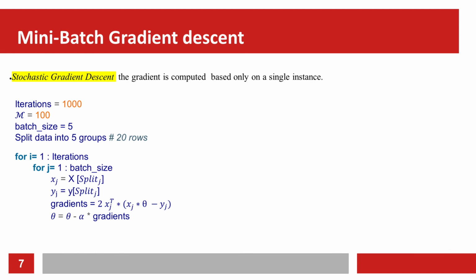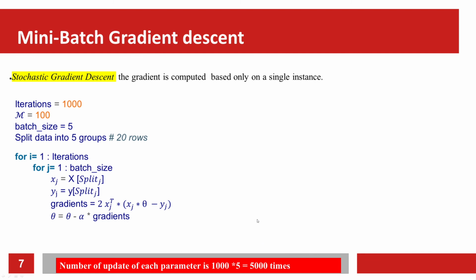Now for each batch we update the parameters. For example here from 1 to batch size, for example from 1 to 5. In the first one we take the first part, the first split, compute and update the parameters, and for the next batch, the next split, we also update the parameters. And you can see how many updates we have here.